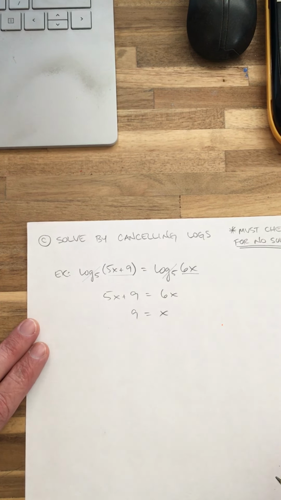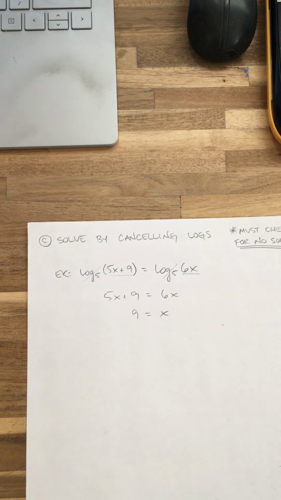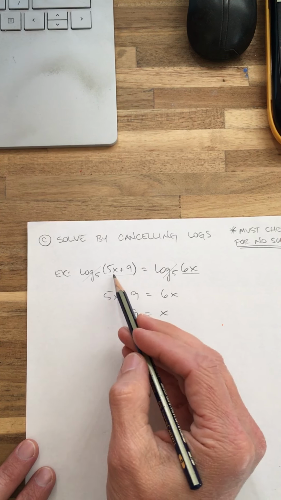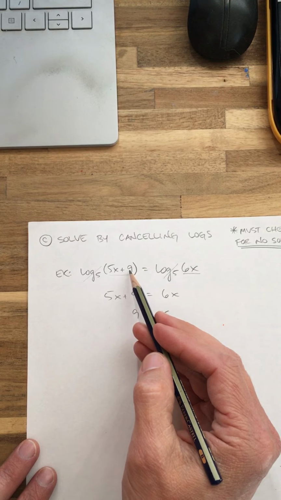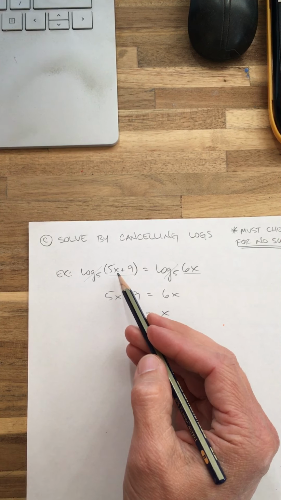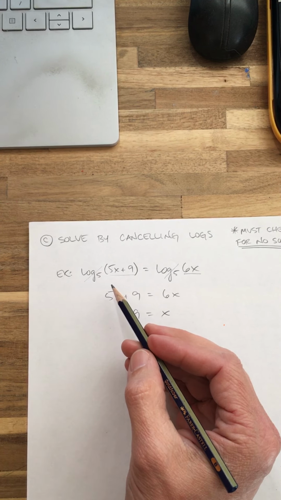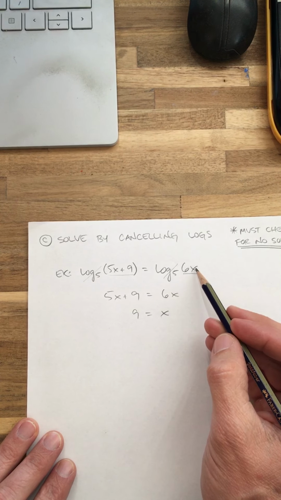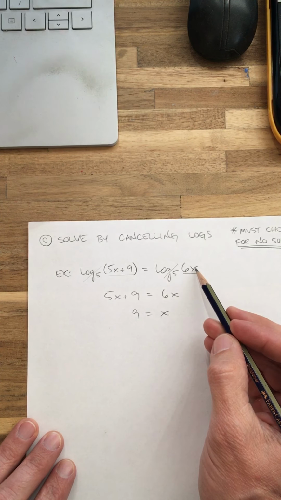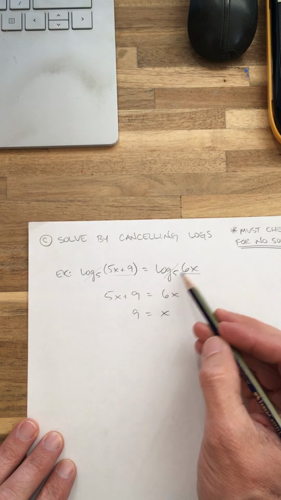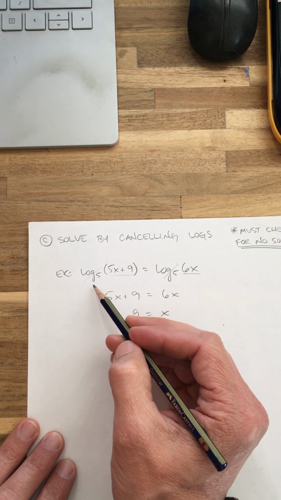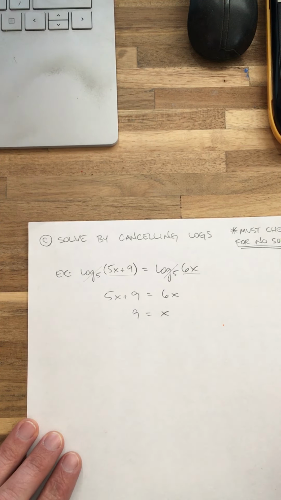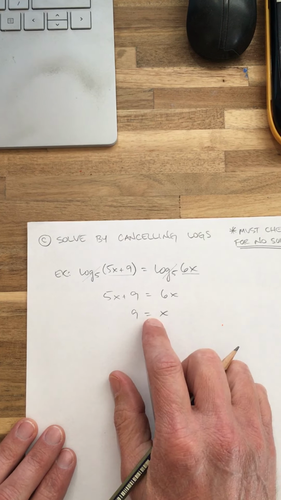Now if you plug that in, you get 45 plus 9 is 54. The log base 5 of 54, you'll plug that into your calculator, sure, you get a number. And then plug in the 9 here: the log base 5 of 6 times 9 is 54. Log base 5 of 54 equals log base 5 of 54. Yeah, that's totally cool. This is a great answer.